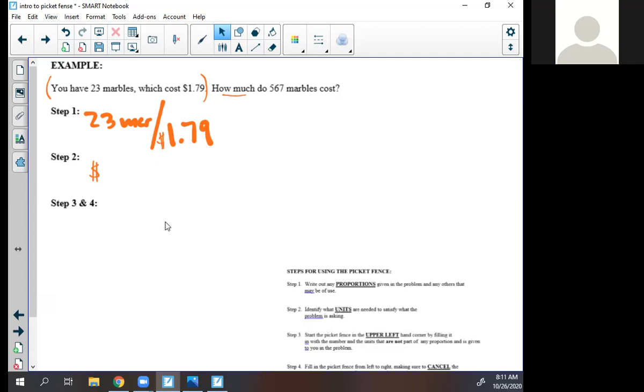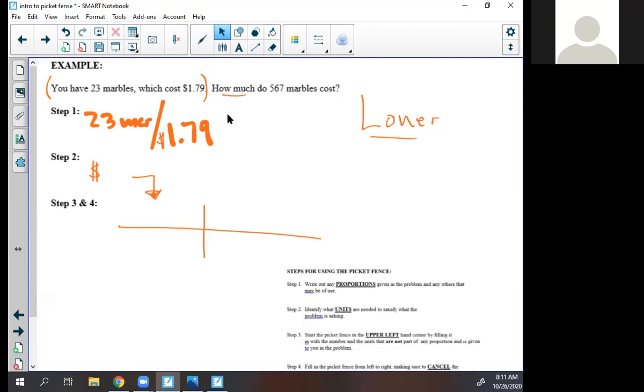Okay, here we go. Steps 3 and 4. So for right now, our picket fences are just plus signs. So put a plus sign right here. All right, then step 3 says, start the picket fence in the top left with what's given, or what I like to call the loaner.